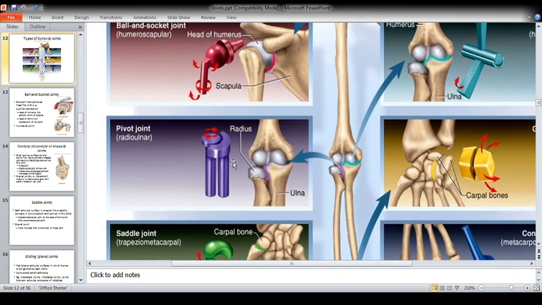So this is the pivot joint. The radius is able to move. The ulna has a concave surface. The radius just fits into its socket, and it is able to rotate on the ulna. This is a pivot joint.